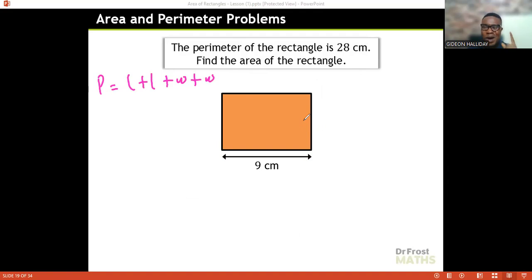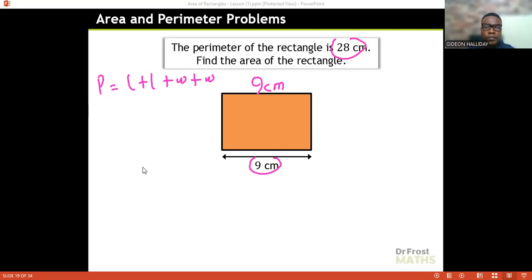So we take it backwards, and we have to subtract. We have this 28. If this is 9 centimeters, this also will be 9 centimeters. So we can take away 9 and 9 from 28 and then find the rest.